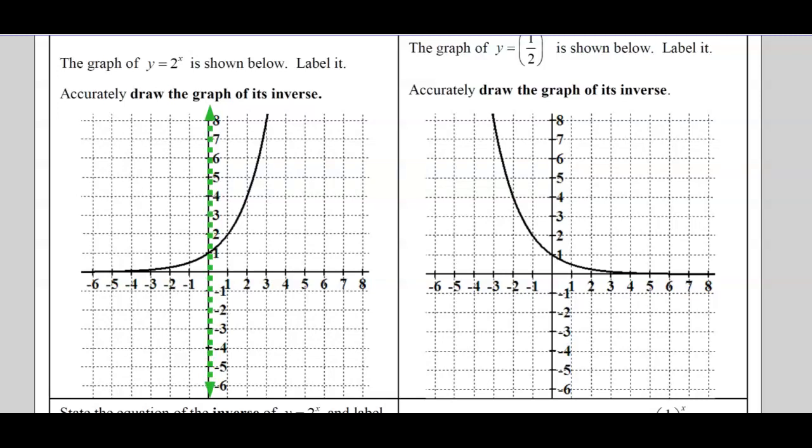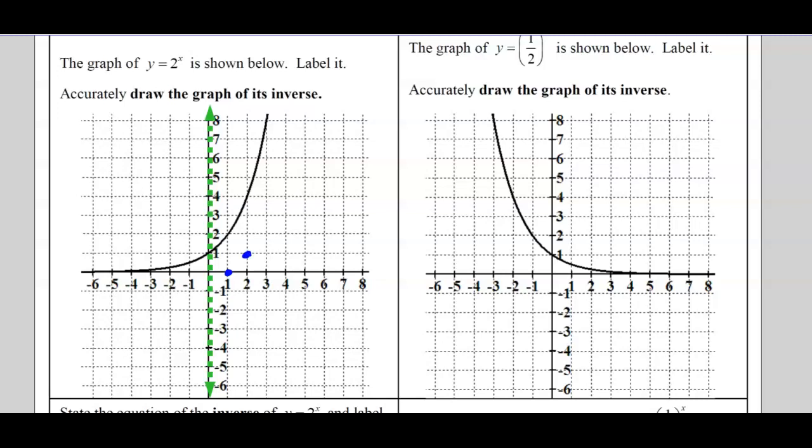Remember, inverses, quick way. This scale is actually good. Those are squares, so you can eyeball it, but you want to be pretty accurate. So the (0, 1), when you take the inverse, becomes (1, 0). So that y-intercept becomes the x-intercept of our inverse. Makes sense from what we know about inverses. The (1, 2) becomes (2, 1).